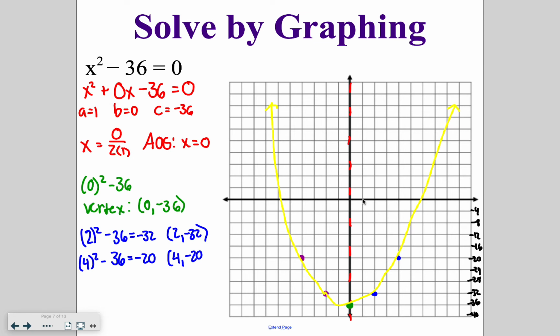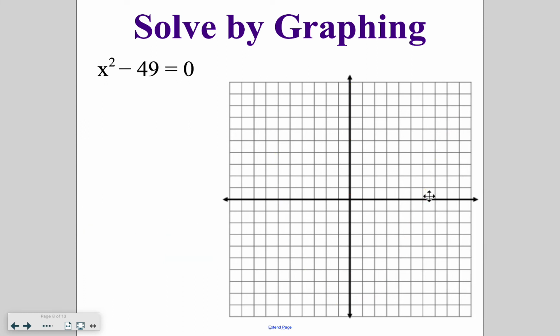In this case, I've got 1, 2, 3, 4, 5, and about 6, and 1, 2, 3, 4, 5, and about 6. So my 2 answers would be x equals -6, remember listing that smaller one first, and x equals +6 on the right side.